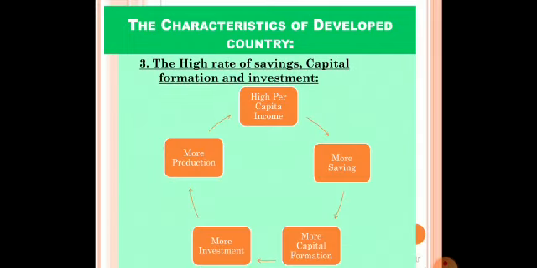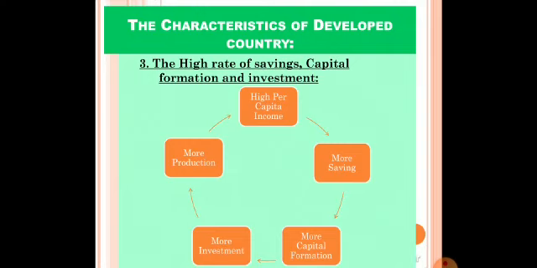Our next characteristic is the high rate of savings, capital formation, and investment. A figure is shown over here for explaining this topic. If a country can ensure high per capita income, then more saving of that country can be ensured. More saving can bring more capital formation for that country.